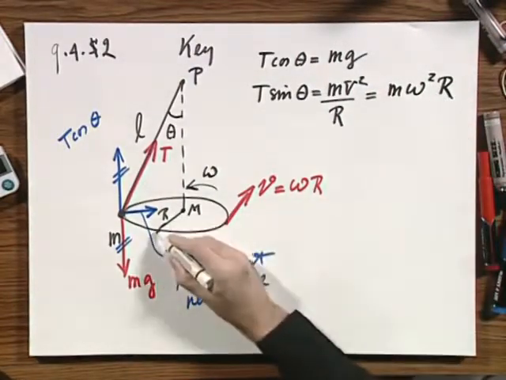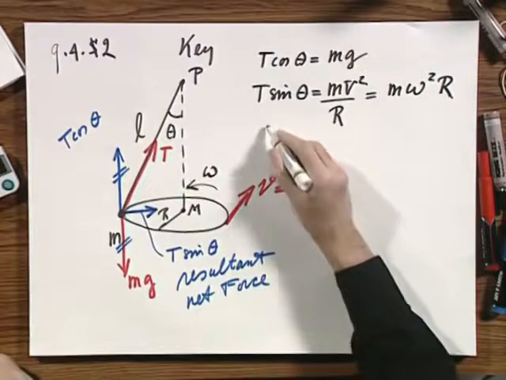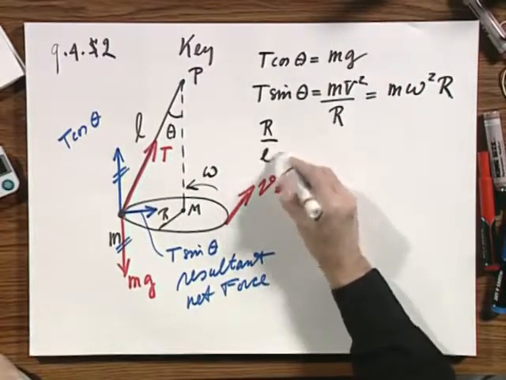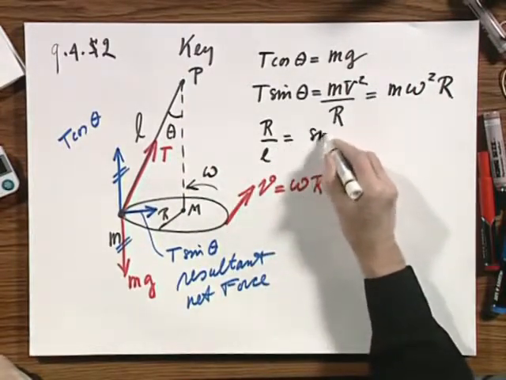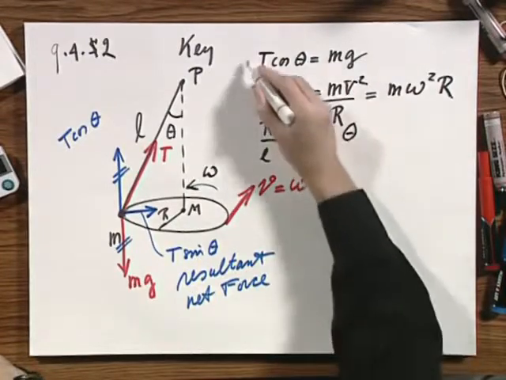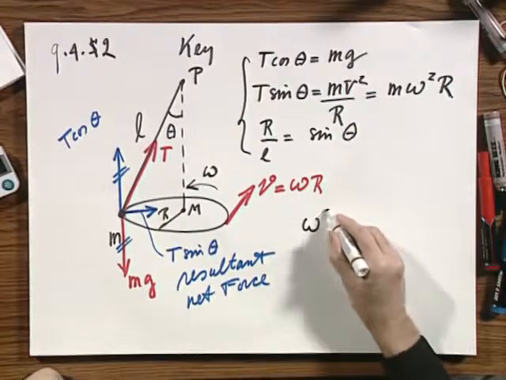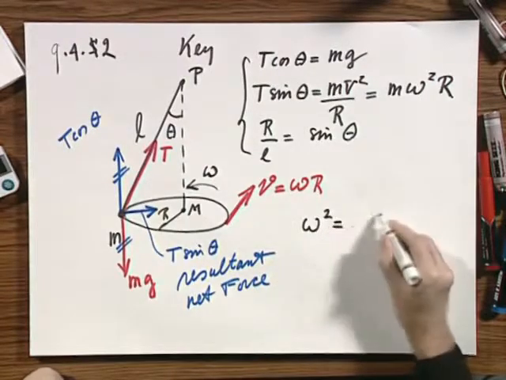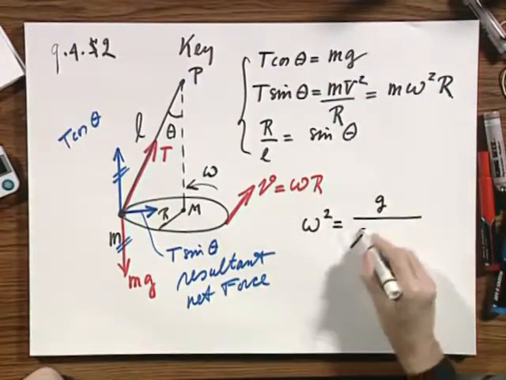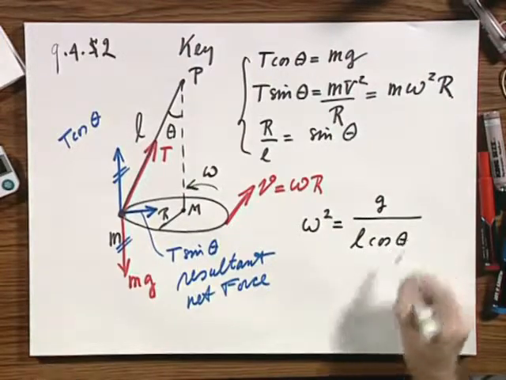And then, of course, r divided by L also equals the sine of theta. And if you combine these three, it should be very easy for you to prove that omega squared equals g divided by L cosine theta.